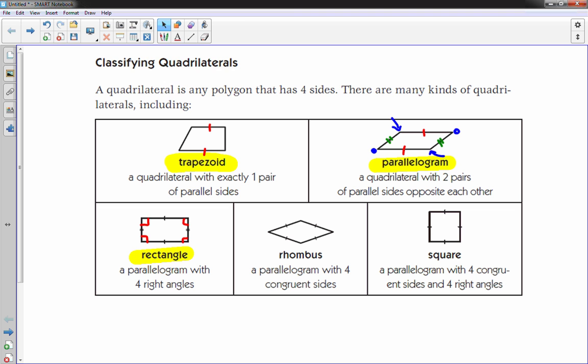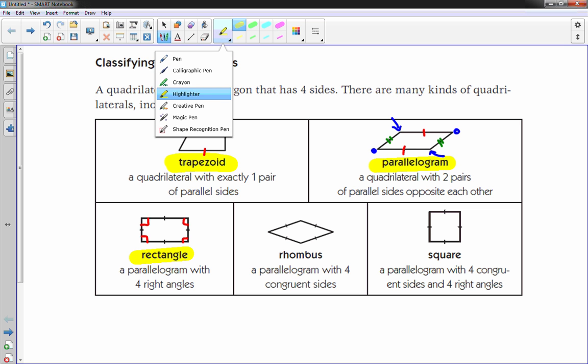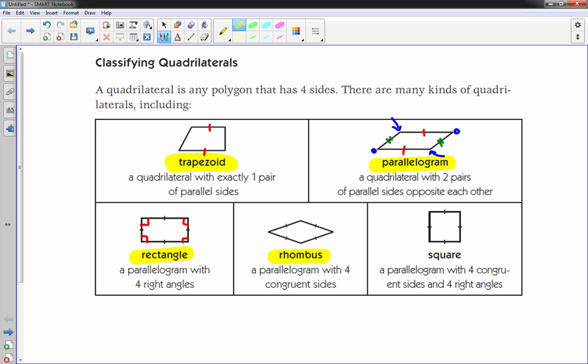Now on to the rhombus. A rhombus is a parallelogram with 4 congruent sides. Basically what that means is all the sides are the same in length, so that's why they put these little lines here to represent all those sides are the same length. Kids will call it a diamond, but the proper name's a rhombus.